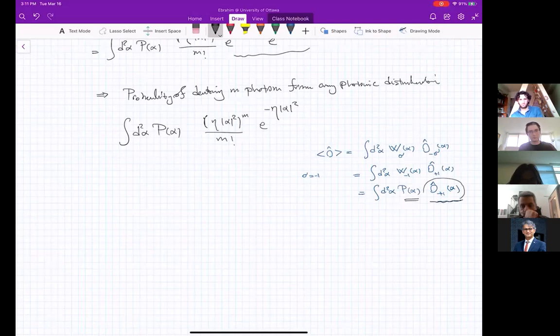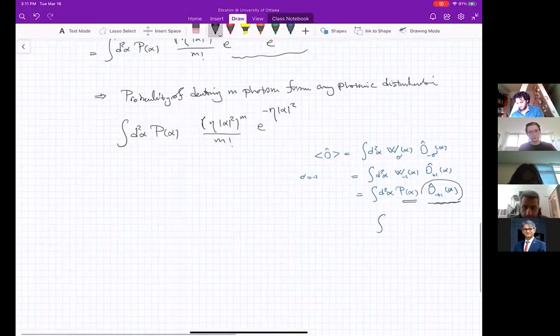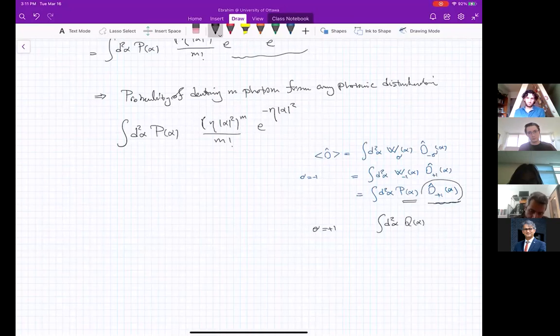If we went with the opposite one, for sigma equal to +1, then that was the integral with Q of alpha, and then we had the operator in -1 of alpha. I just want to review, by the way, guys. It's not really related to our calculation now. So this means that the operator should be anti-ordered if you deal with the Husimi function, right?